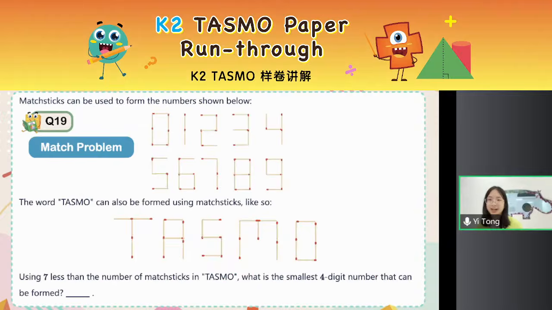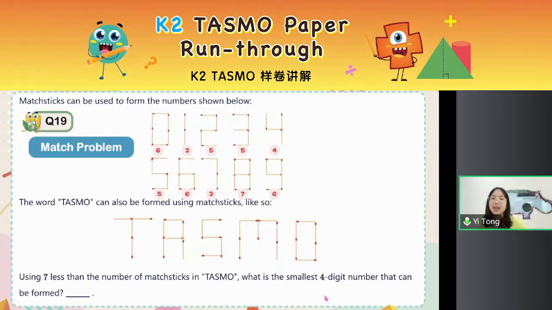Very good, everyone. Now, on to our match problem. For the match problem, we need to find out how many sticks we used for each digit. So let's look at it one by one. To save some time, I already counted every digit for you. Now, let's count how many sticks we use for the word TASMO.